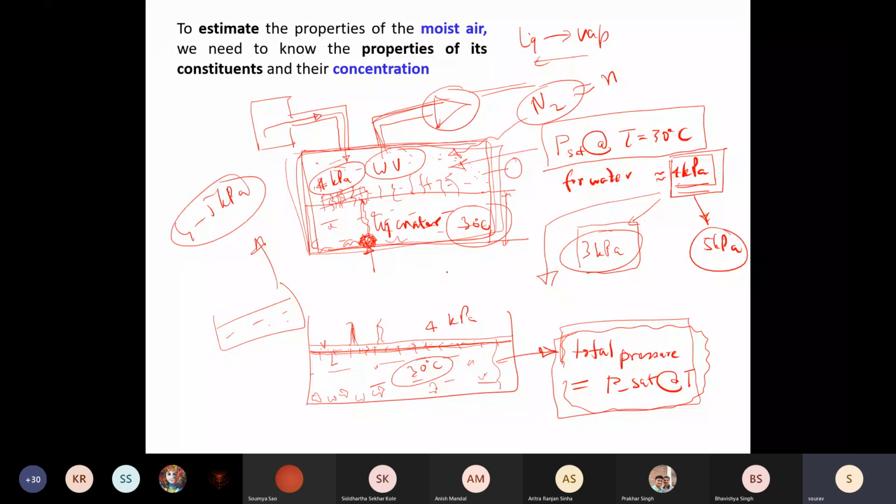So even if, just hypothetically, there was a vapor pocket generated at the bottom, it will still be at this pressure, P saturation at that particular temperature, and it will not survive the 1 bar pressure being exerted. It will not be able to travel upwards.